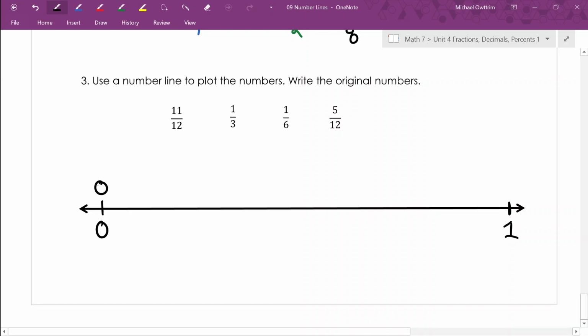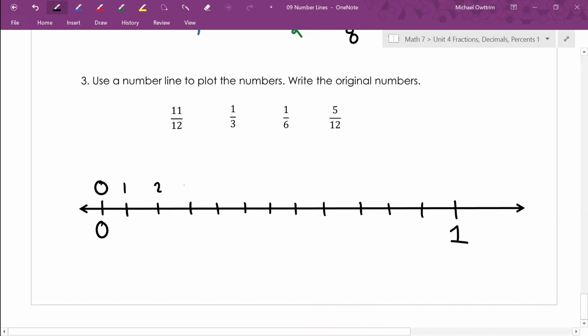So obviously we start at 0, then I have 1, 2, 3, 4, 5, 6, 7, 8, 9, 10, 11, 12. I'm actually going to replace where my 1 is, because it should be at that 12th approximately equal division. I know my divisions aren't perfectly equal here, but we kind of imply that they're of equal spacing.